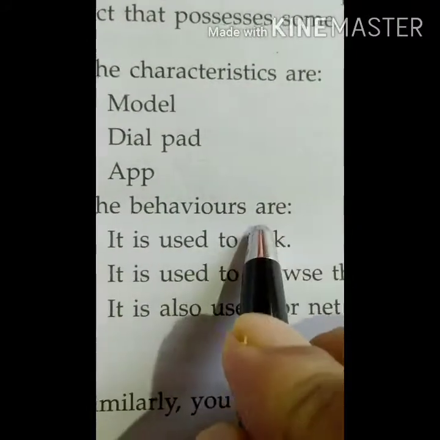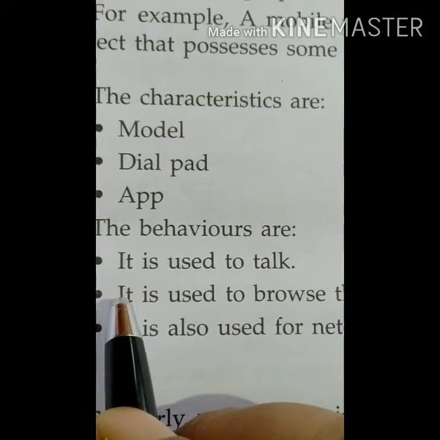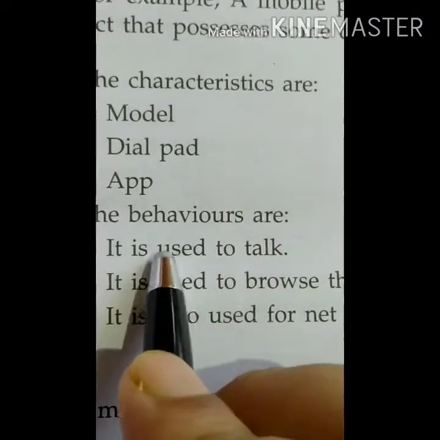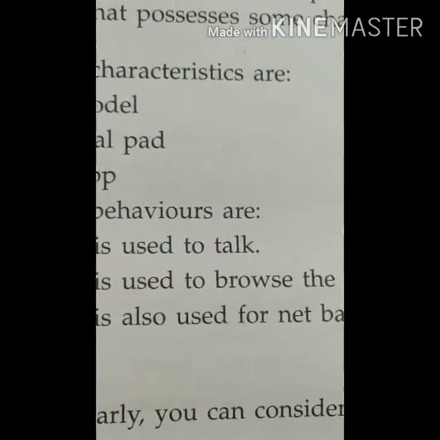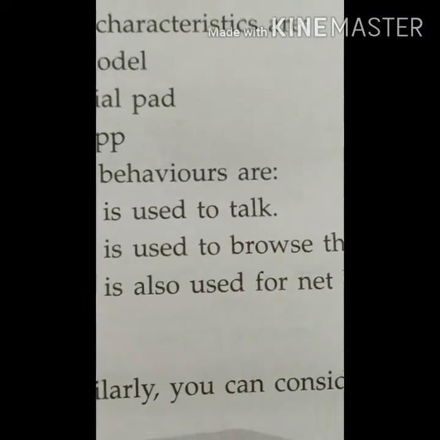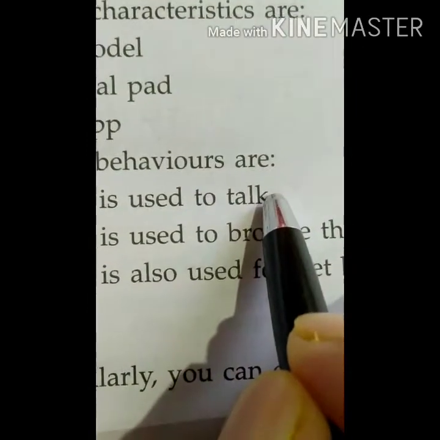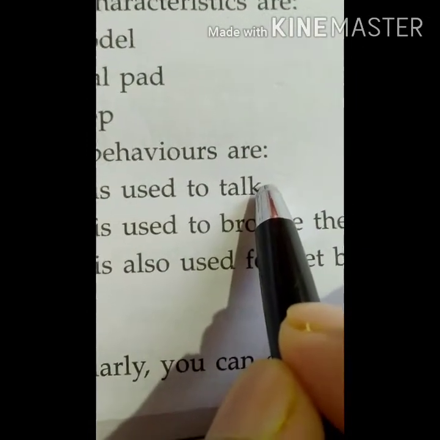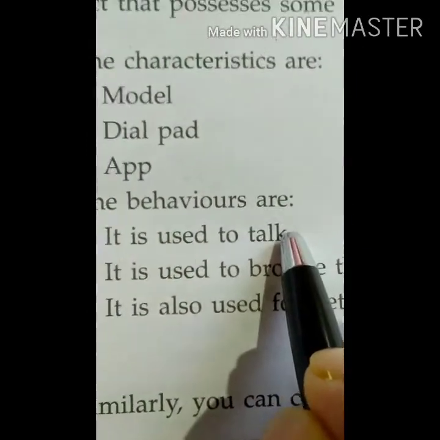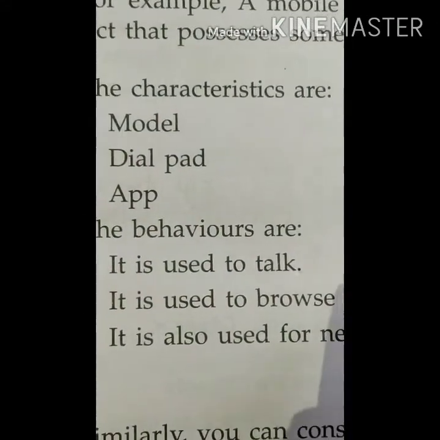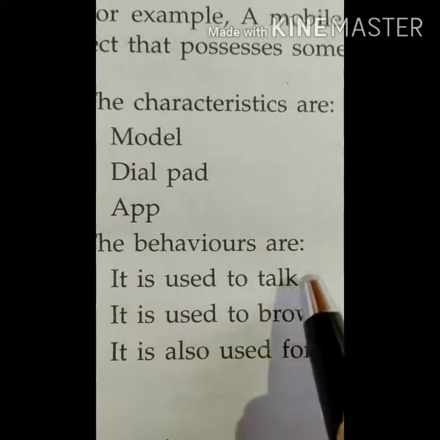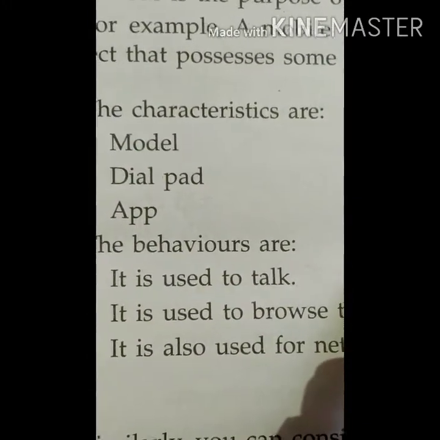The behaviors are common. It is used to talk. Every phone is used to talk, either a low model number mobile or a very high range mobile, both are used to talk, to dial.